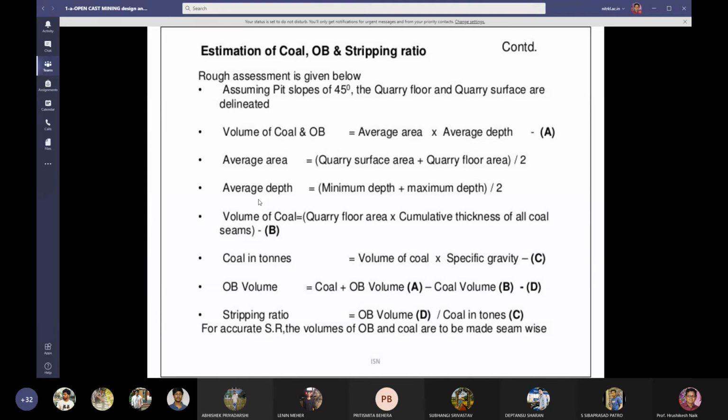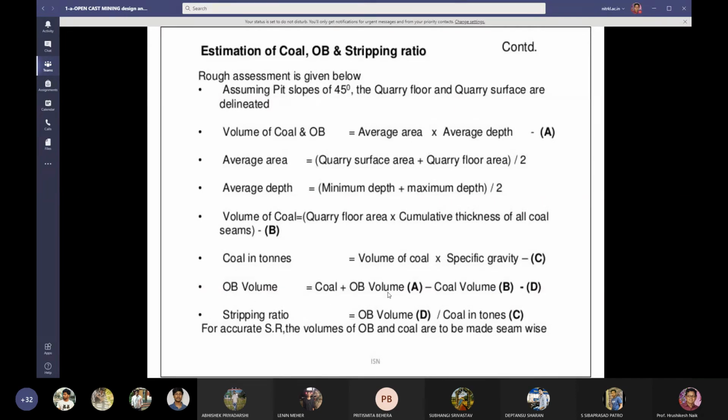Then volume of coal will be quarry floor area into cumulative thickness of all coal seams, let us say it is B. Coal in tons is volume of coal multiplied by specific gravity of coal. Let us make it C.